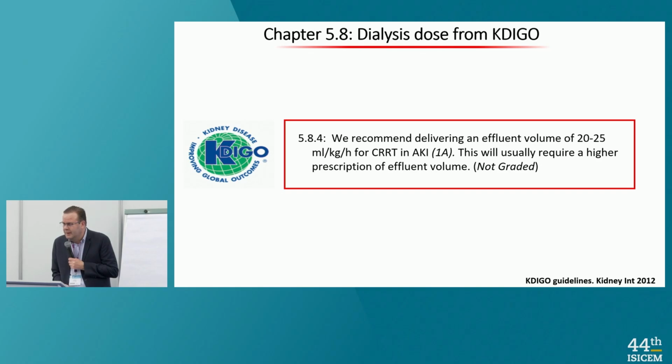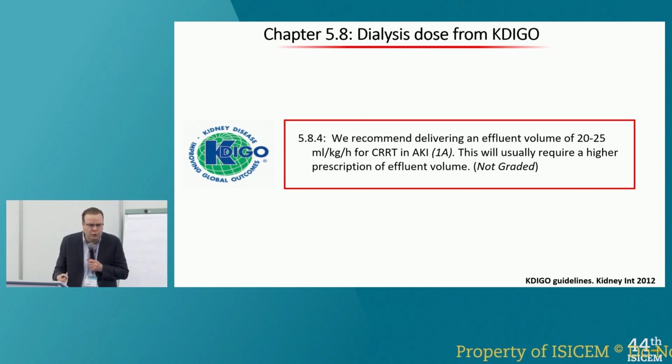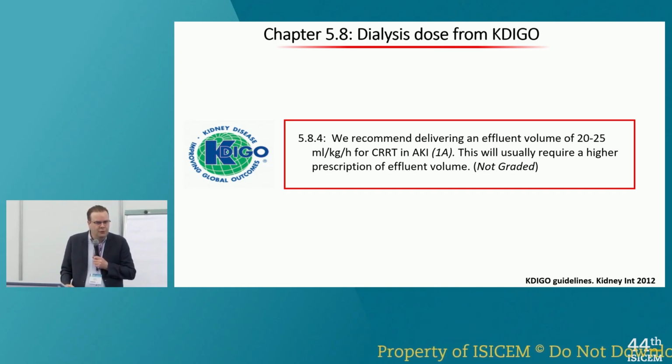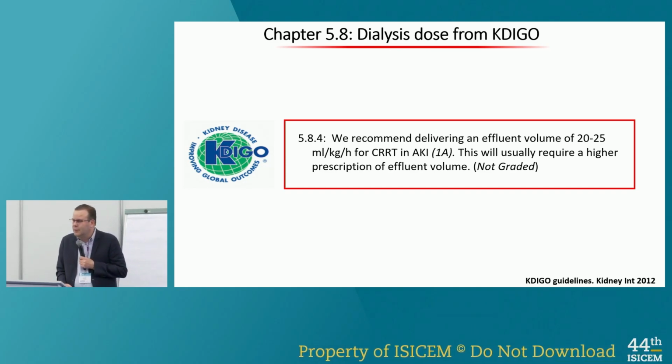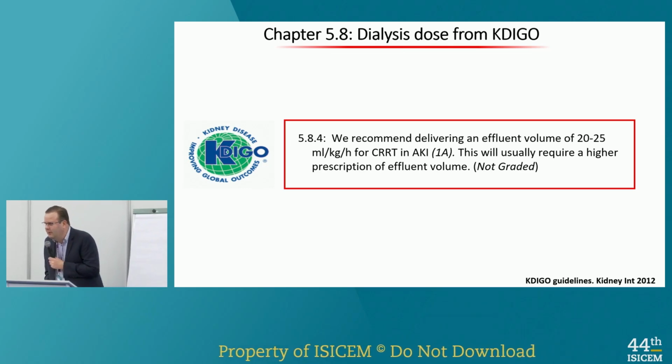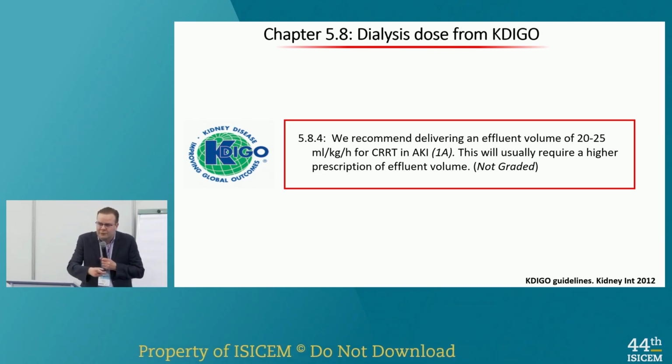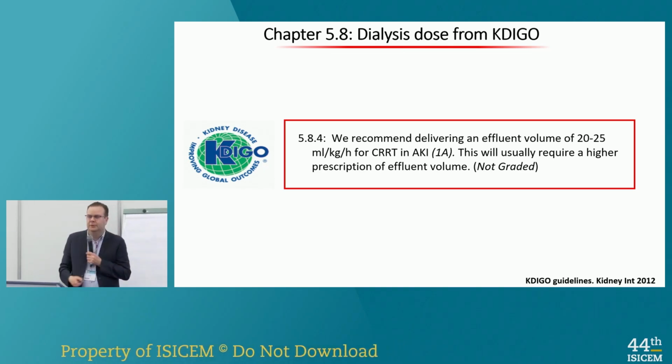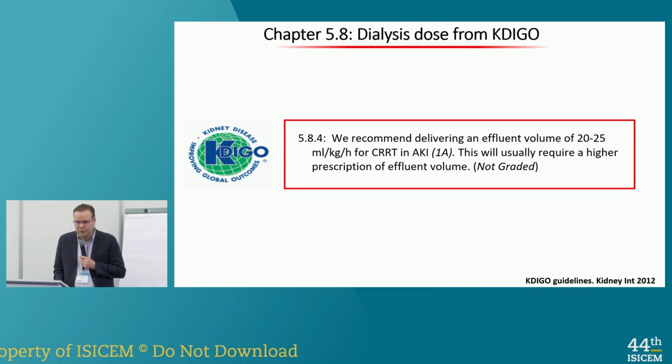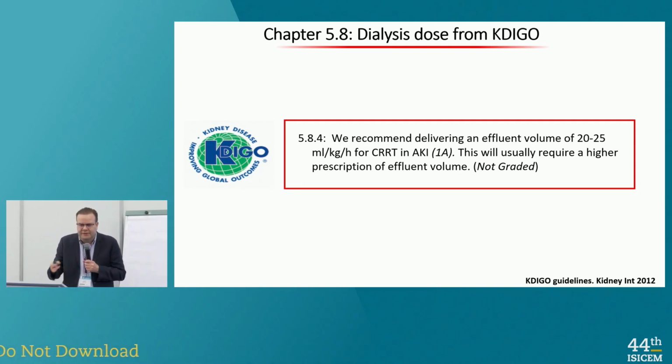But if you prescribe 30 or 35 ml per kilo per hour of effluent dose of renal replacement therapy, your patient is not going to get 30 to 35 ml per kilo per hour. He's going to get what we call the administered dialysis dose, which will be around 25 ml per kilo per hour, because there is this gap.